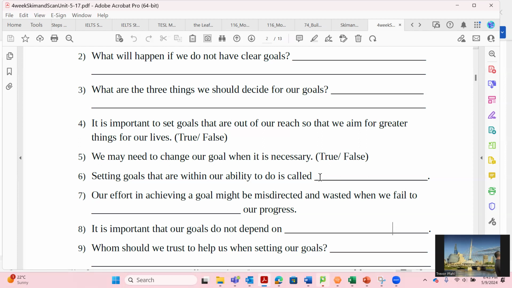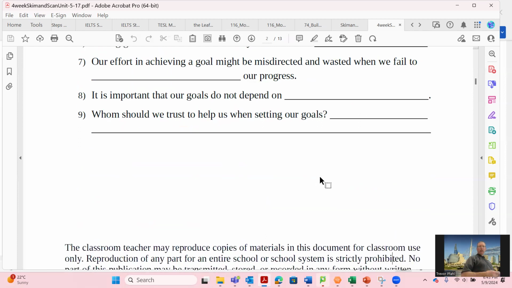Our effort may be misdirected and wasted when we fail to... Okay, number 7, measure. Yeah, we need to measure our progress. It's important our goals do not depend on... Yes. So if you watch reality TV shows, when they don't finish something, they often blame someone else.